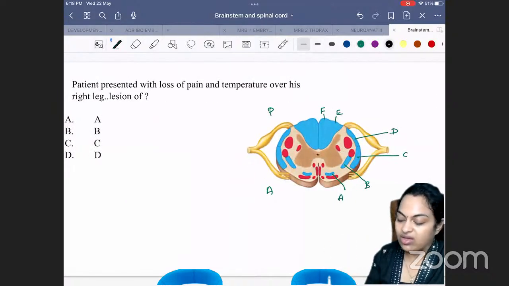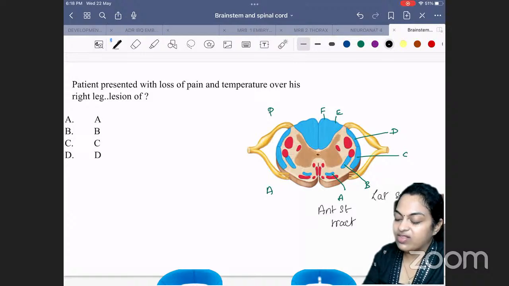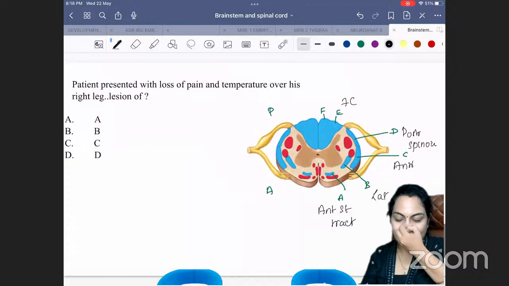Help me identify. So what is A? A is anterior spinothalamic tract. B is lateral spinothalamic tract. C and D are anterior and posterior spinocerebellar tract. E is fasciculus cuneatus.